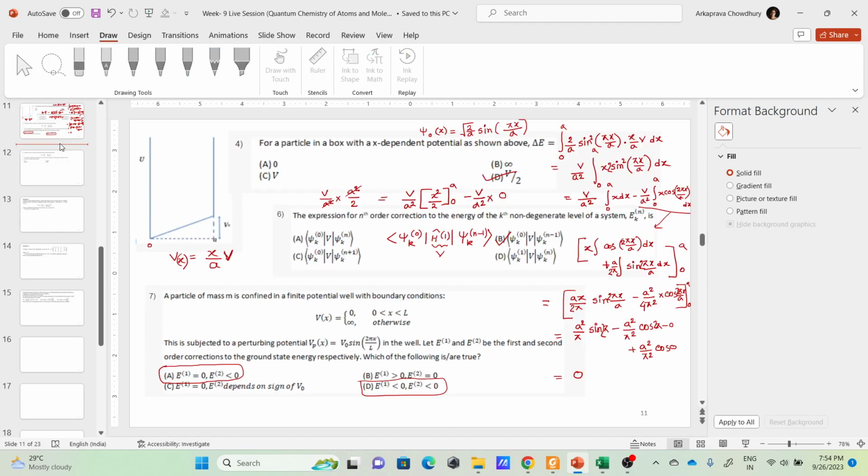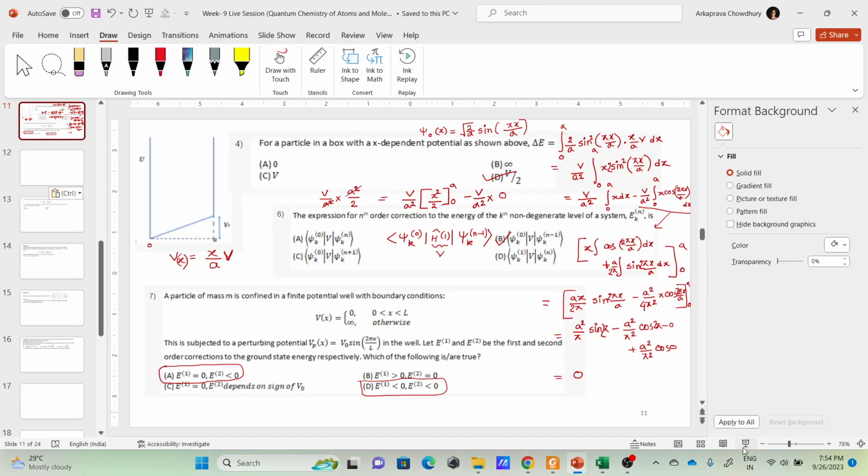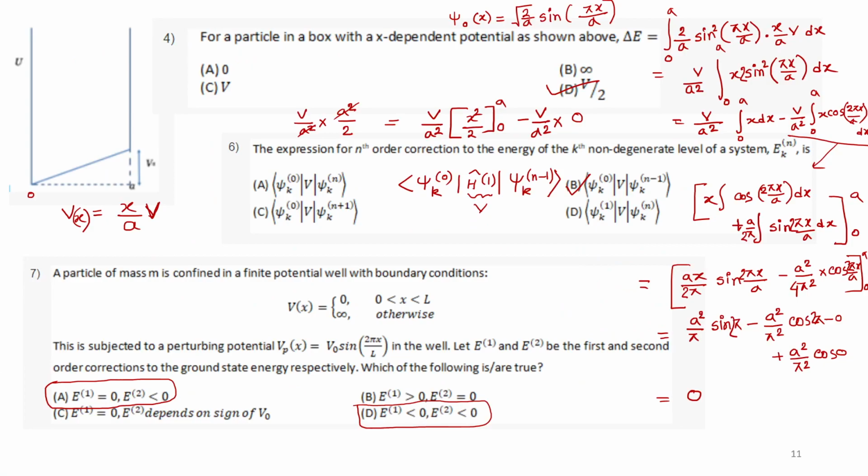So sorry. Okay. So first order correction to the energy I can write. I should not say this is the first order correction, but that is what they wanted to see. That would be psi 0, right?